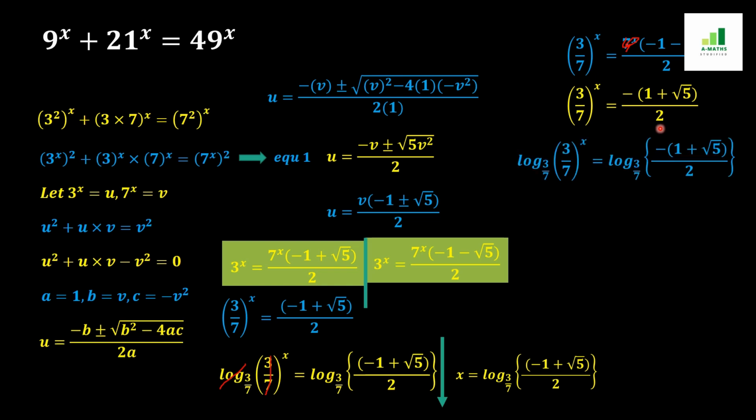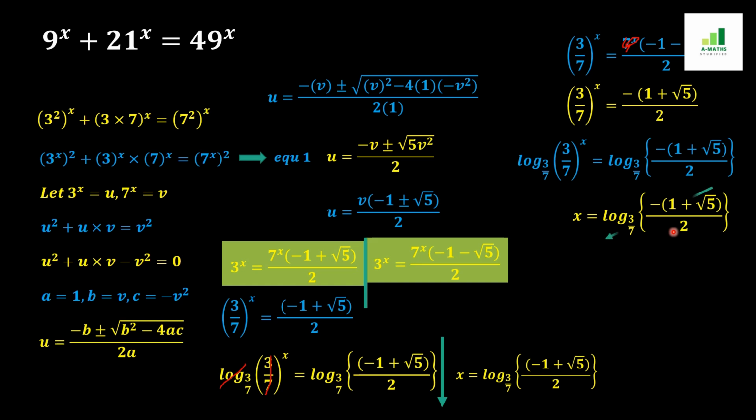Now in the next step we should apply the log with base 3 over 7 on both sides of the equation as before, and this log and this base will cancel out, and we will get the value of x equal to log base 3 over 7 of minus 1 into 1 plus under root 5 over 2. And finding the value of the log of a negative number is a difficult task, or it is almost impossible for many people.